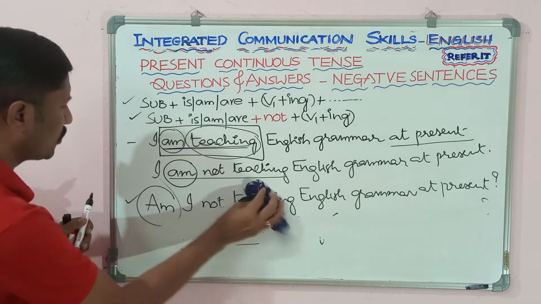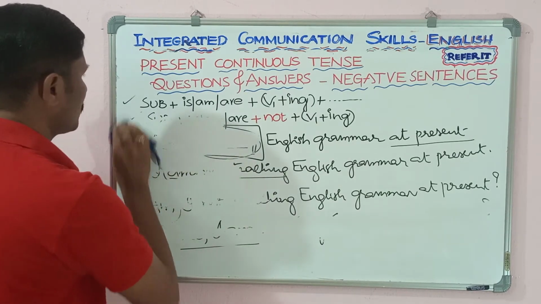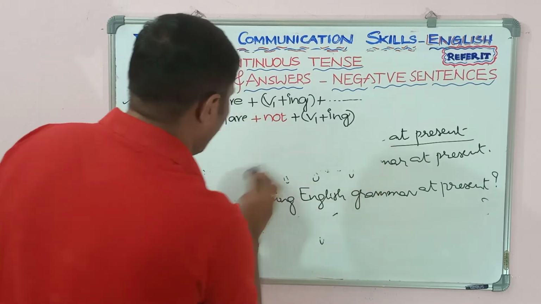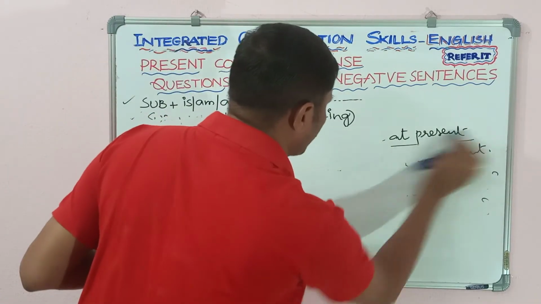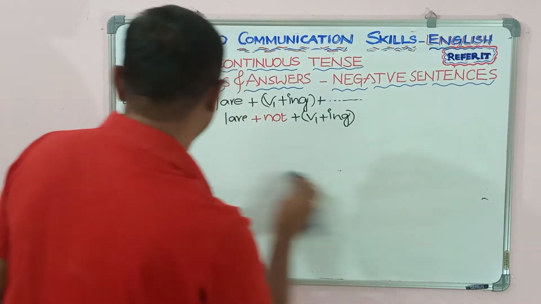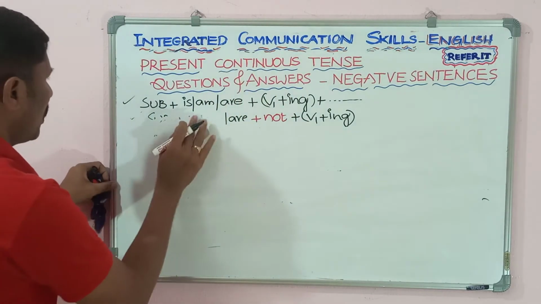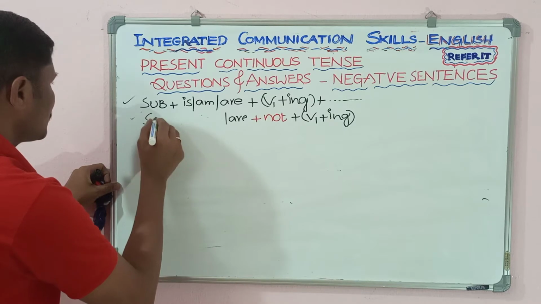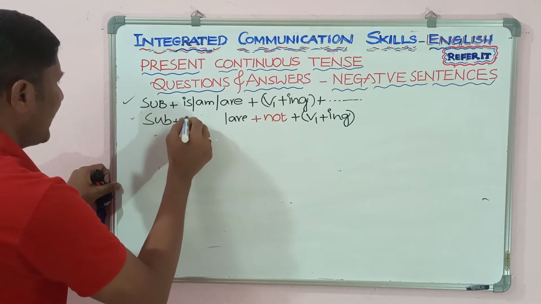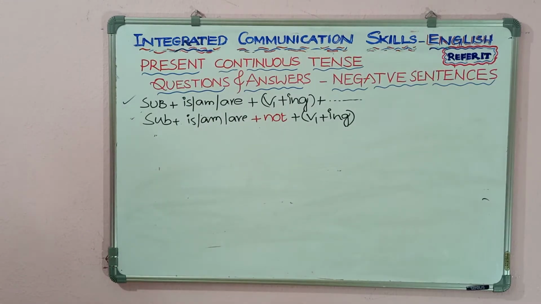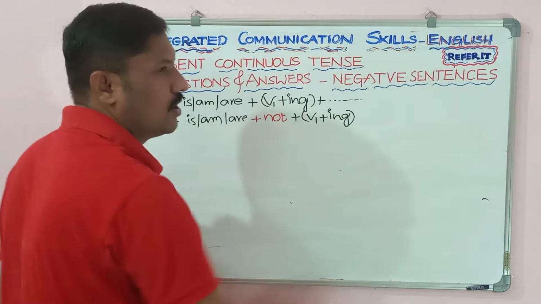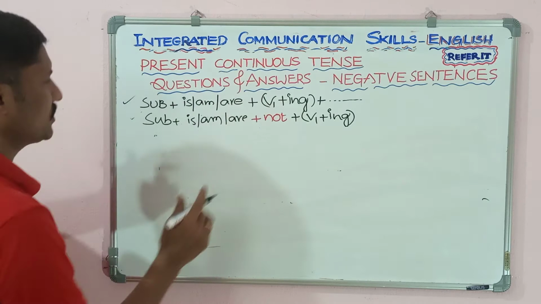Okay, next we can move to the next question. So subject plus is or am or are plus not plus V1 plus ing form, that will be the negative sentence in this present continuous tense.